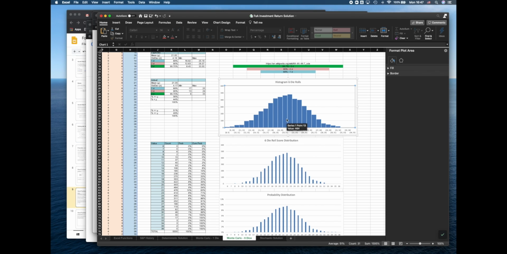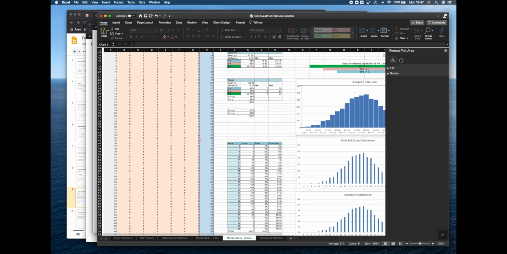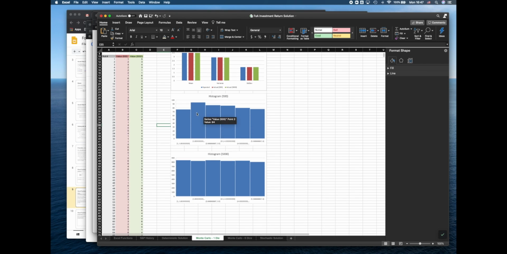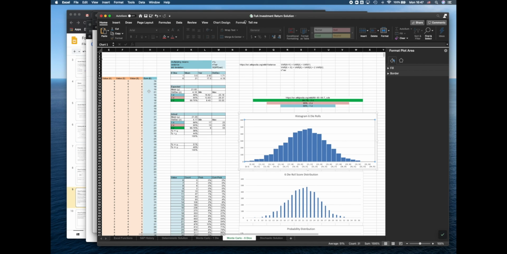What I want you to notice here is the shape of the curve. This is a normal distribution shape. And what's powerful is that we went from one die being rolled, which has a flat distribution, and when you do a bunch of them, when you do 6 of them, 5,000 times, or 30,000 total, look at this, you get a normal distribution.